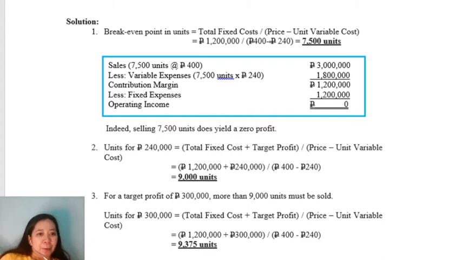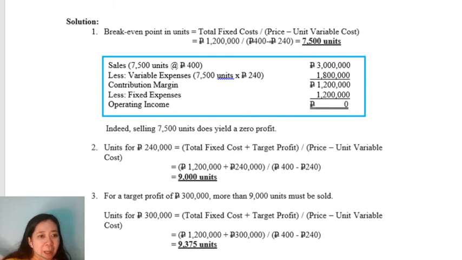Okay, for the third requirement. What about if the company changed its mind and instead of 240,000, they desired to achieve 300,000? Basically and obviously, the company should sell more than 9,000 units so that they can achieve the 300,000 desired profit.